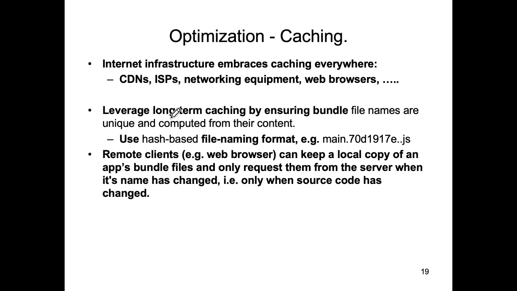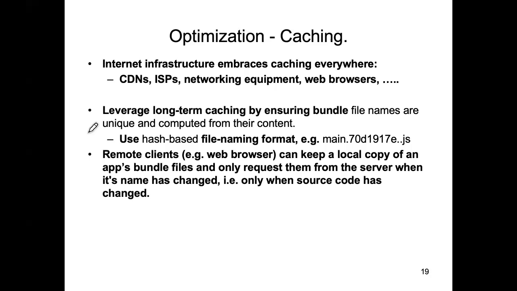The first thing we need to know about is that when Webpack creates a bundle file for us, it follows a naming convention, and the naming convention is based on hashing. So part of the name of the bundle file is a hash value that is computed by Webpack, and that hash value is computed based on the contents of the bundle file itself.